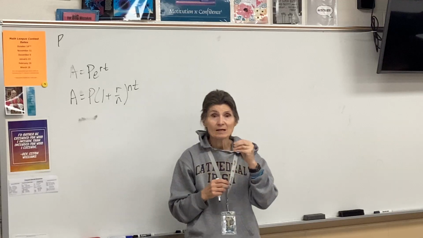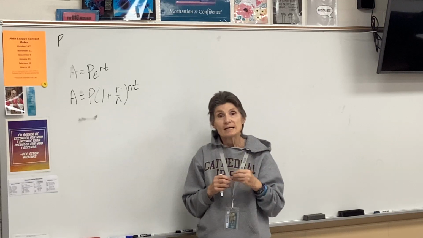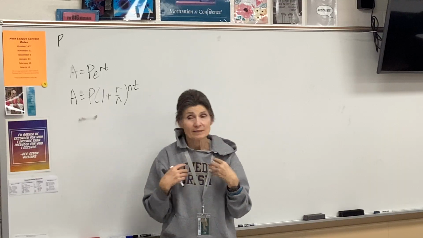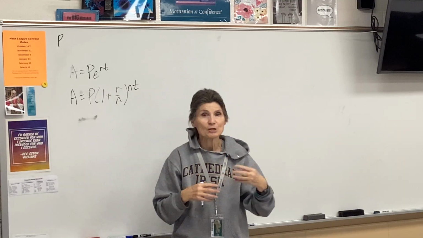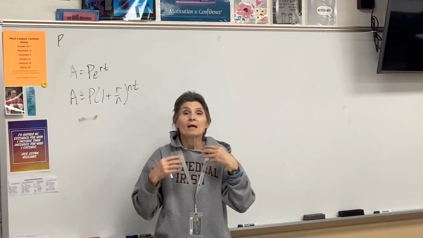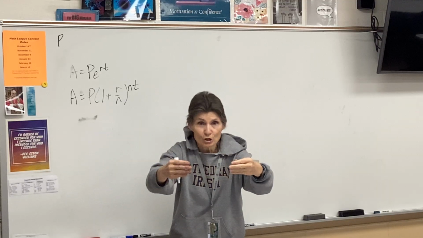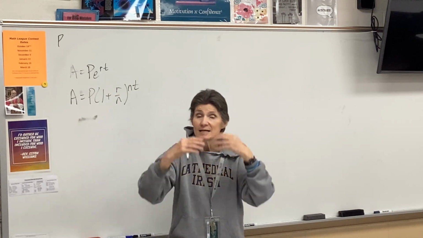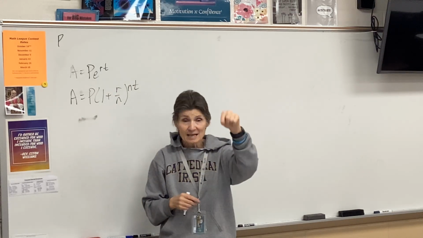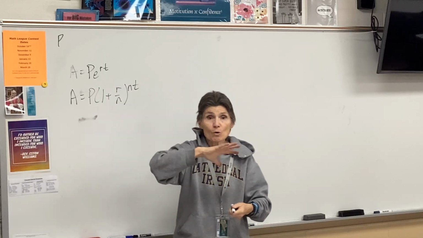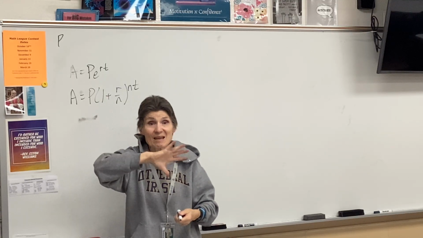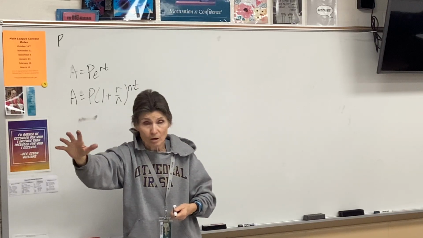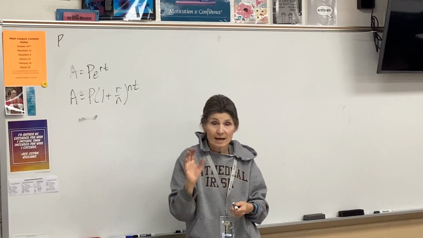If we are saving for the future, like, well, it's kind of late for me now, but back when I was a young teacher, saving for retirement, making a payment every paycheck into my retirement account, that's FV. So if you are saving for the future, making payments for the future, it's future value, FV.